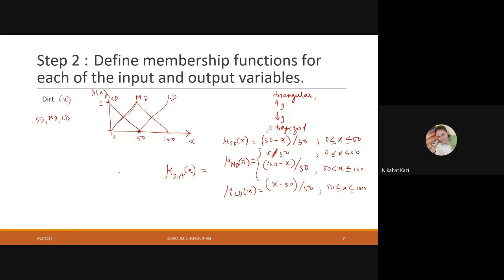60 is lying somewhere here, right? This is 60, in this range.